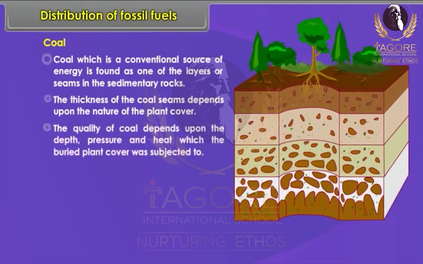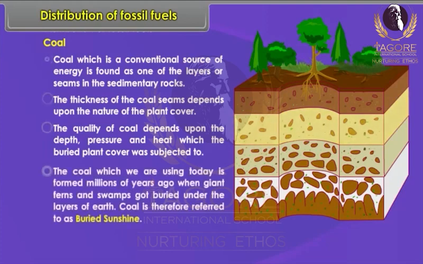The quality of coal depends upon the depth, pressure and heat which the buried plant cover was subjected to. The coal which we are using today was formed millions of years ago when giant ferns and swamps got buried under the layers of earth. Coal is therefore referred to as buried sunshine.